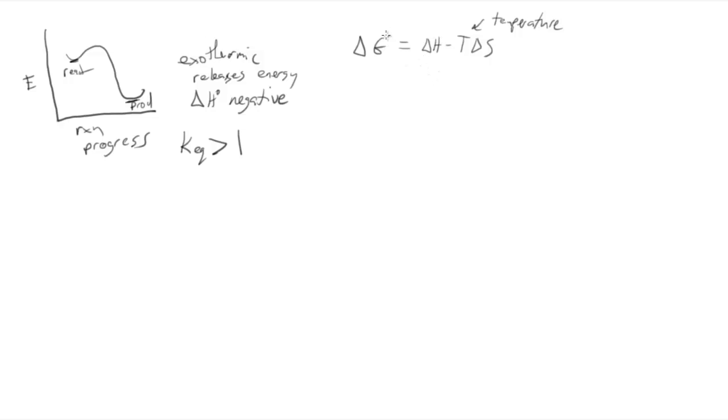So delta G naught is delta H naught minus T delta S naught. So it's related to the enthalpy, although it also has this entropy term. Remember, delta S is entropy. Delta H is enthalpy. And delta G is Gibbs free energy.